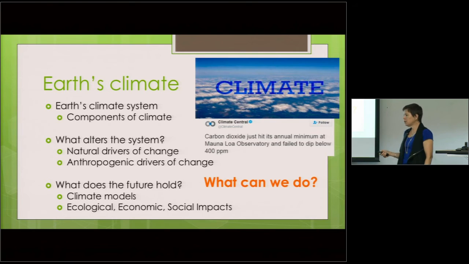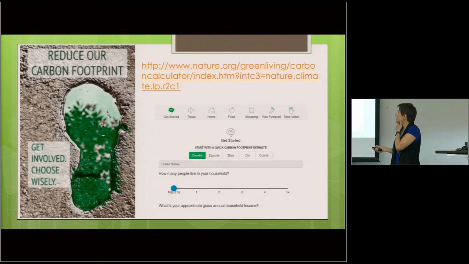So we can use alternative fuels. We can sequester carbon. But those are things on a society-wide scale. Are we going to contribute individually to a wedge? Probably not. But there are small things that we can do. There's a lot of these carbon calculators, to calculate your carbon footprint.